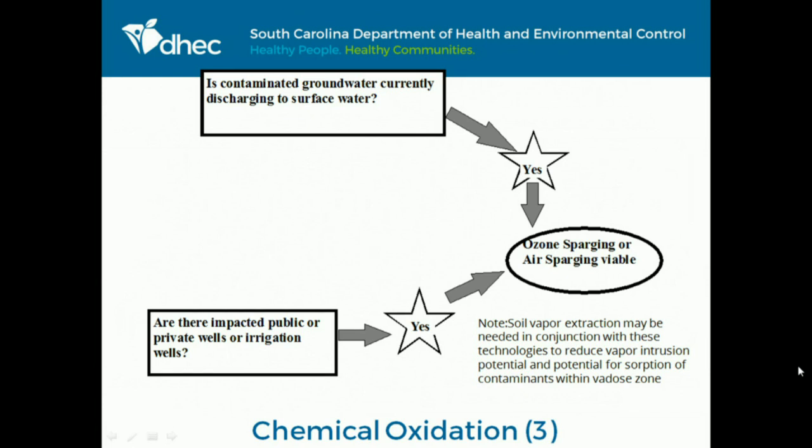Then the decision tree is going to point you to ozone sparging or air sparging. It's not going to point you to any type of injection of amendment. And there's a little note in here that soil vapor extraction may be needed in conjunction with these technologies. Sometimes if you implement these technologies and you don't have soil vapor extraction, you just spread the contamination around into the vadose zone, and that's not really desirable either.